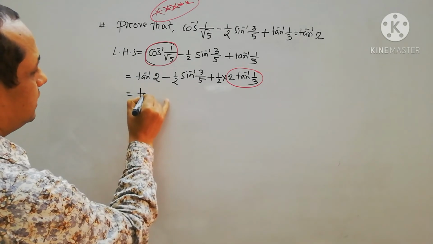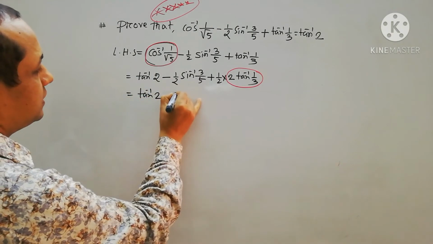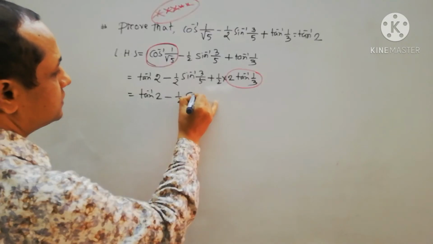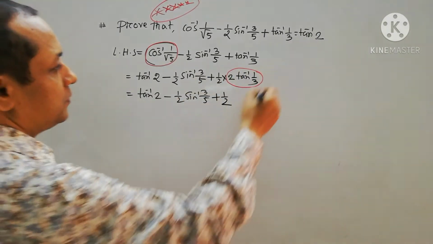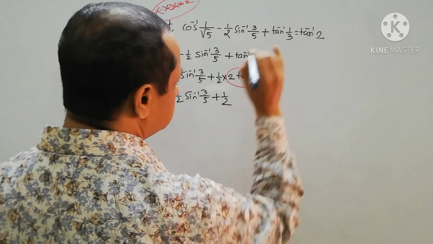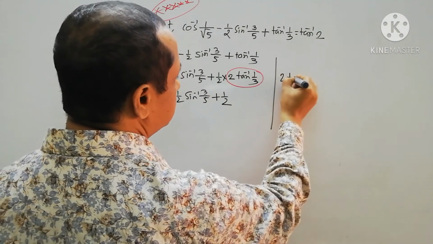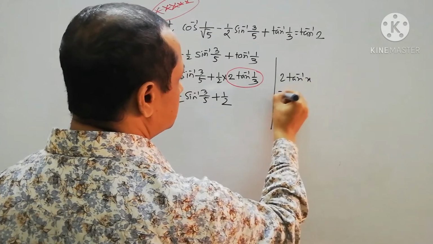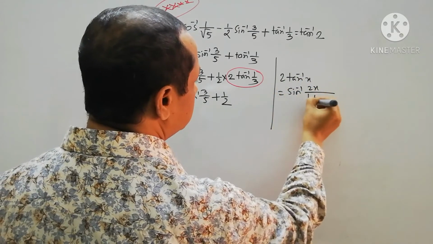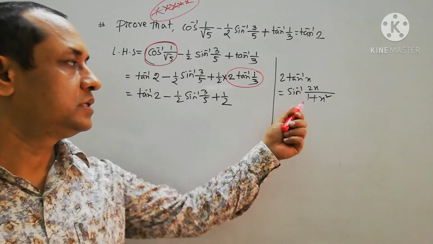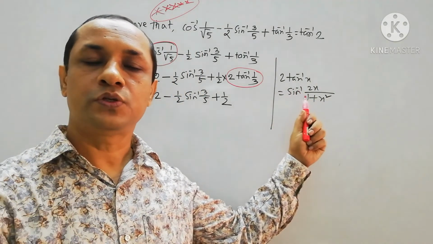Next line, tan inverse 2 minus half sin inverse 3 by 5 plus half. We know that 2 tan inverse x equals sin inverse 2x by 1 plus x square. Student, using formula convert to sin.